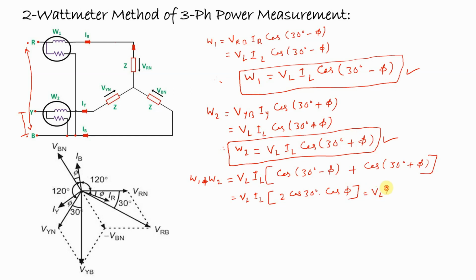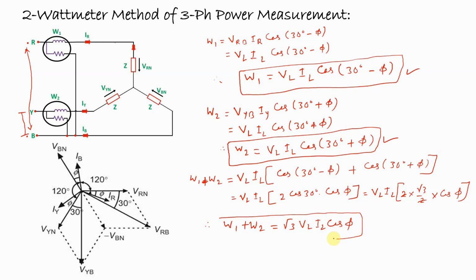So it can be written as VL IL into 2 into root 3 by 2 into cos phi. The 2 and 2 cancel. So finally we can write W1 plus W2 is equal to root 3 VL IL cos phi.